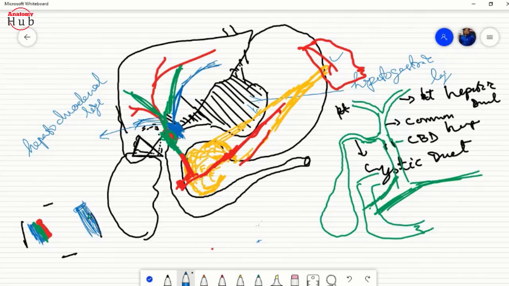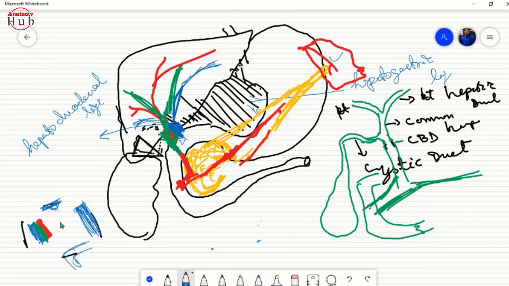Posteriorly we'll find the inferior vena cava, and superiorly at this point we'll find the inferior margin of the liver along with the gallbladder. And inferiorly, what will we find? The first part of the duodenum.